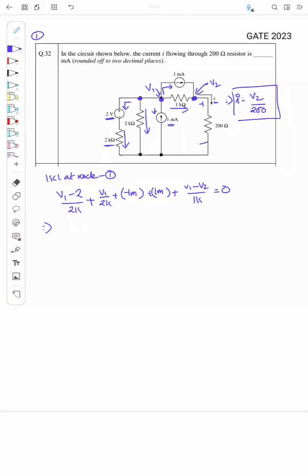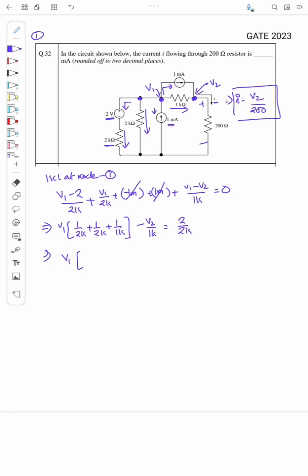So I'll club all the V1 terms. V1 into (1 by 2k plus 1 by 2k plus 1 by 1k). The minus 1 milli and 1 milli will cancel. The rest is minus V2 by 1k, and I have this 2 by 2k on the other side.